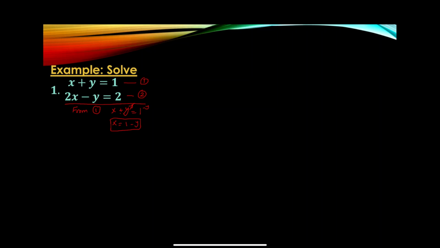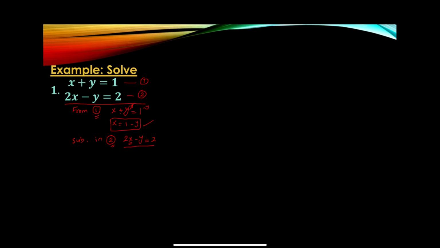Now we will do substitution, substitute in 2. If I started with 1, I'll have to substitute in 2. What do we have in 2? 2x minus y equal to 2. I have to replace this x with its value here, which is 1 minus y.